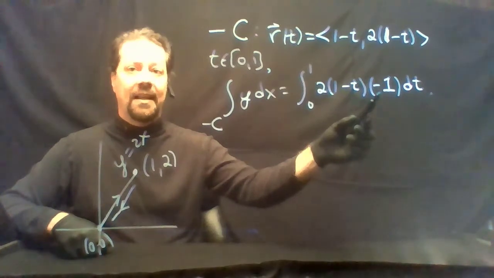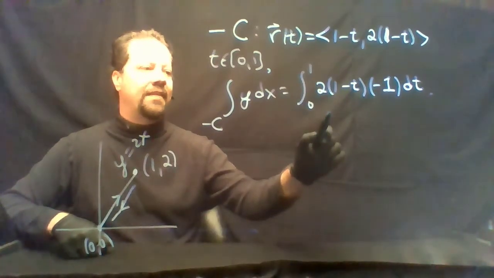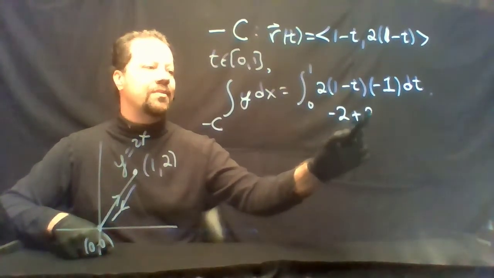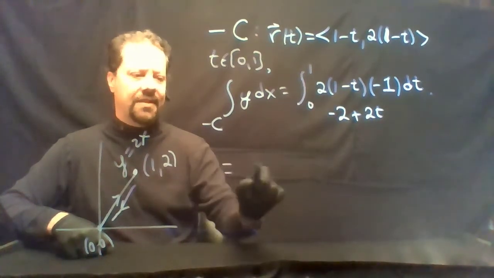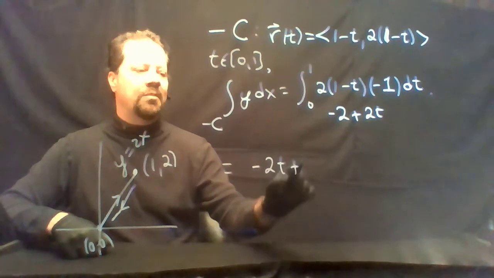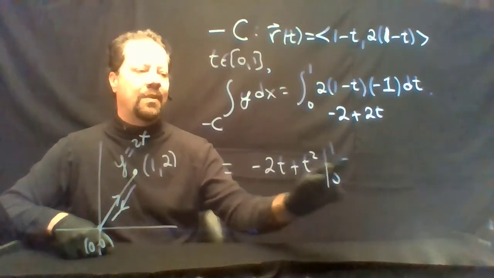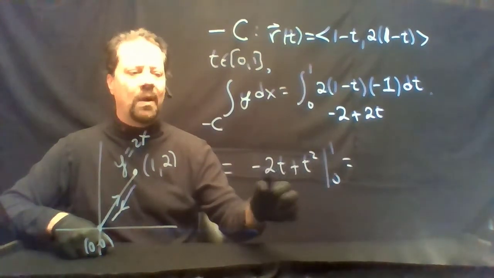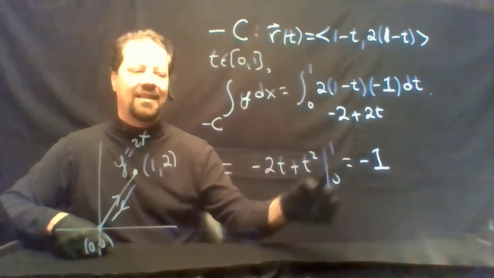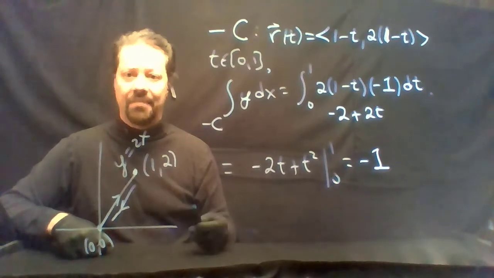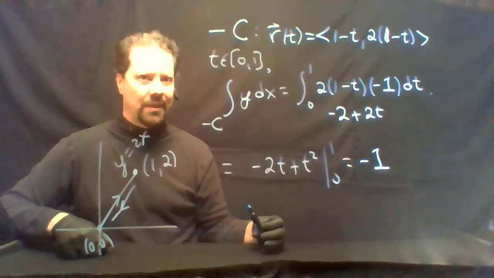Distributing the -2, we'll have -2 plus 2t to integrate. This gives us -2t plus t squared evaluated from 0 to 1. Plugging in 1, we get -2 plus 1, which is -1. And then, of course, subtracting 0, the answer is -1.